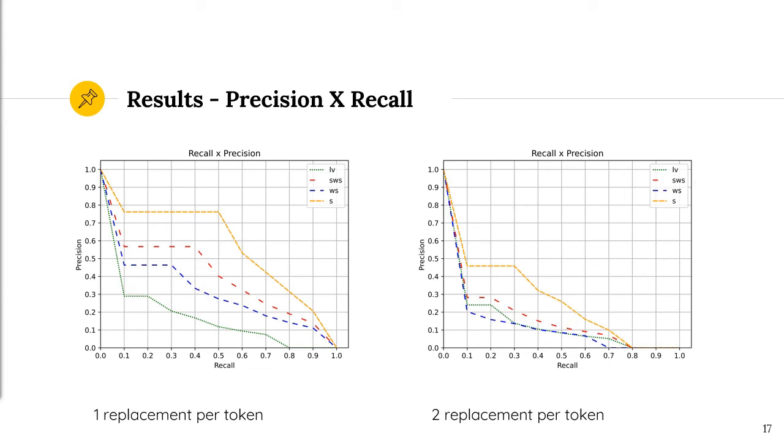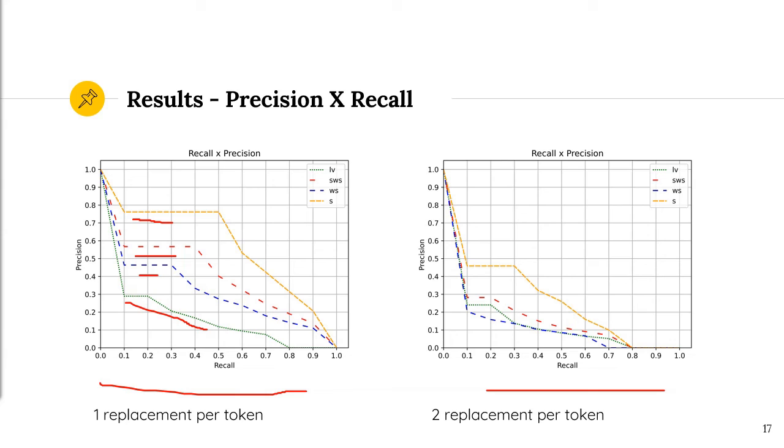So we plotted the precision recall curves for 1 replacement per token and 2 replacements per token. The green line is the Levenshtein distance, the blue line is the word similarity, the red is the strict word similarity, and the orange is the similarity function.